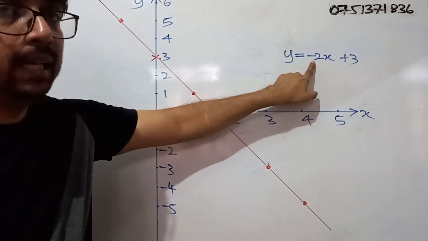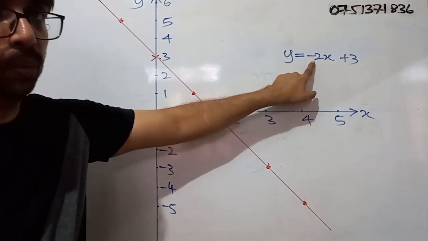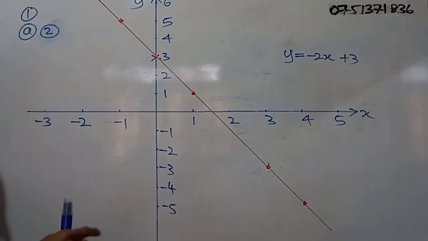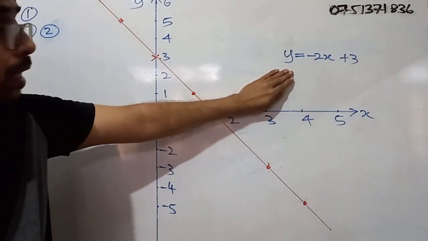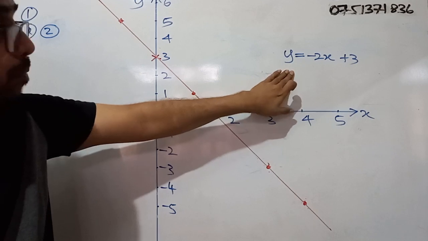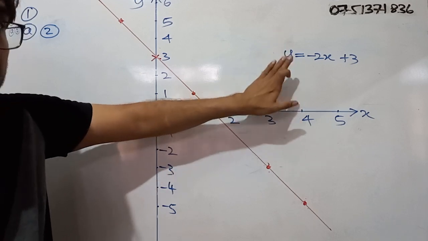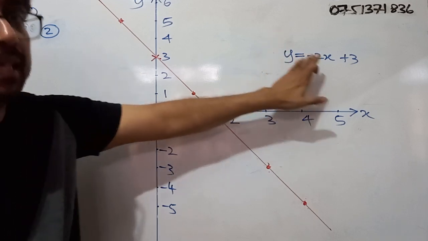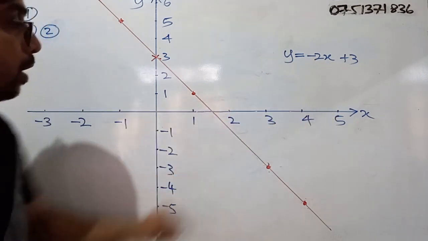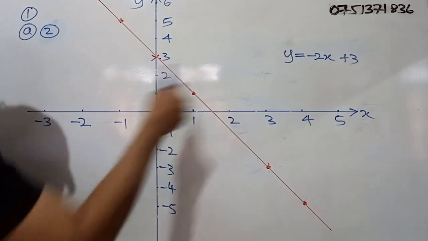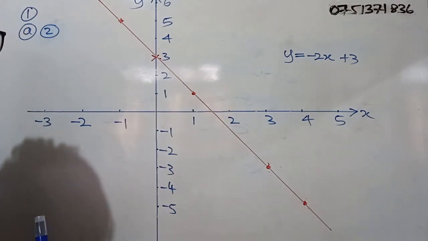So here the gradient is negative 2, right? So we know, even though this graph belongs to the y equals mx plus c type, since the gradient is negative, this angle is obtuse.